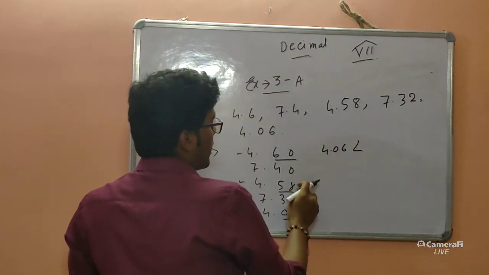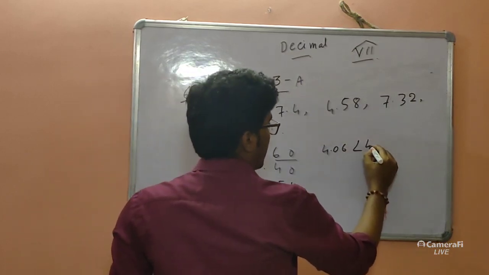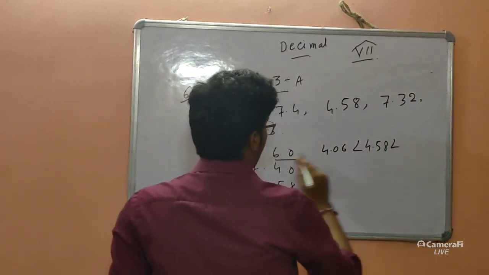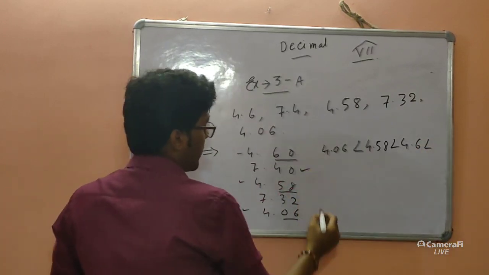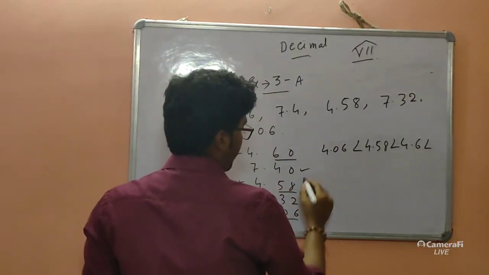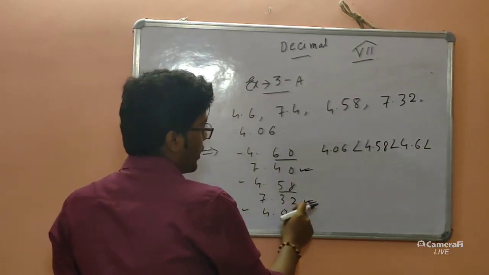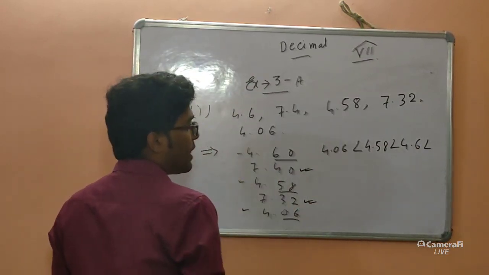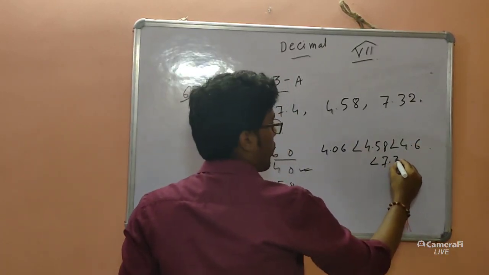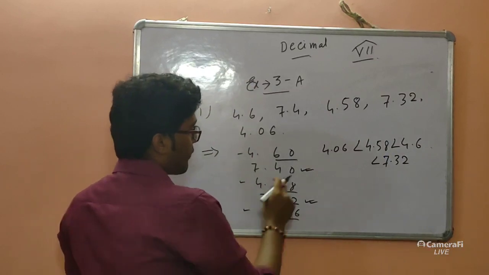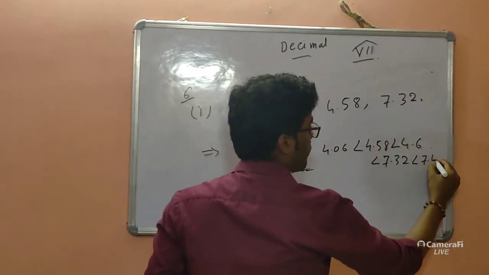So this is done. Now between 58 and 60, obviously this is less, so we give 4.58. Next is 4.6, and what remains? These two remain. Now check 7 and 7 same. So 32 and 40, which is less? 32 is less, so we give less than 7.32, and finally we give 7.40, so less than 7.40.